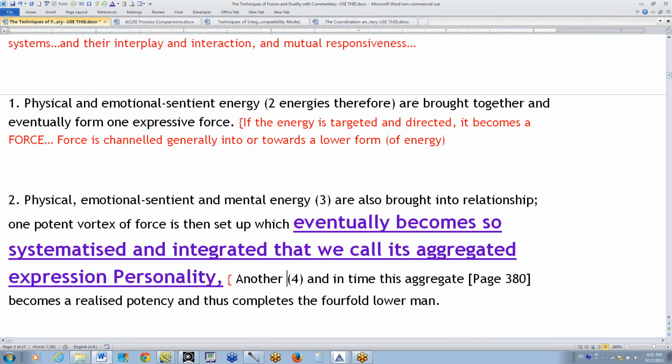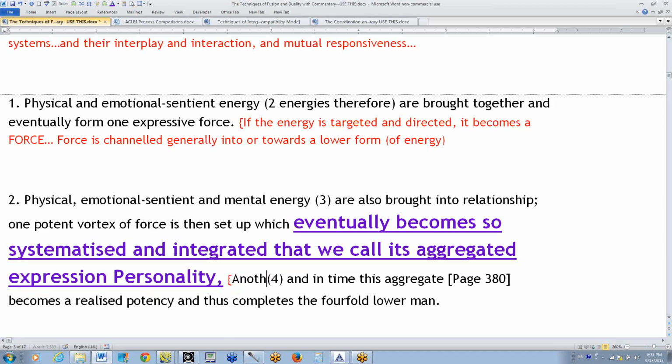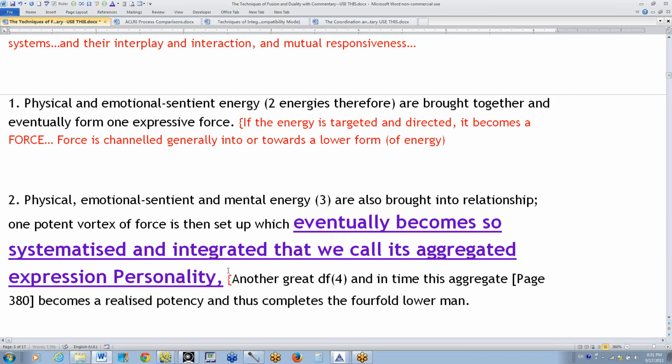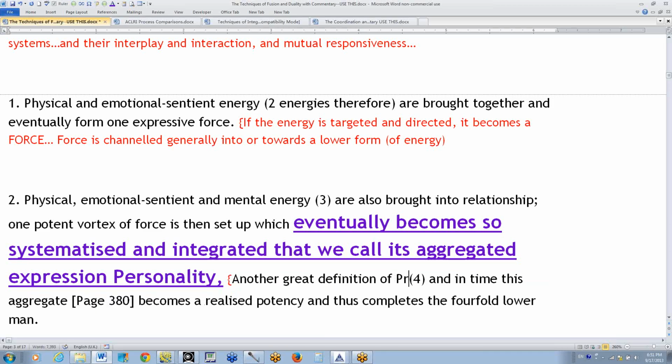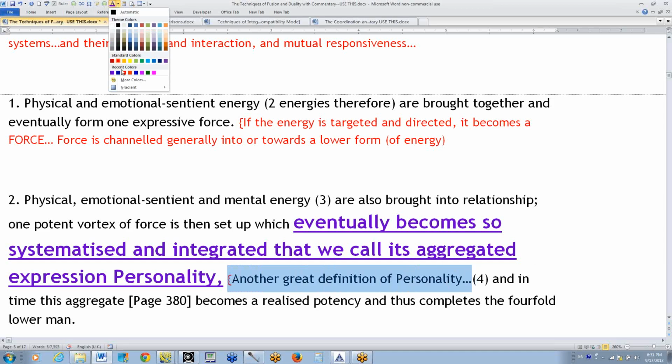Another great definition of personality. All right, I think it's time to make that red. Right, and this actually should be copied.